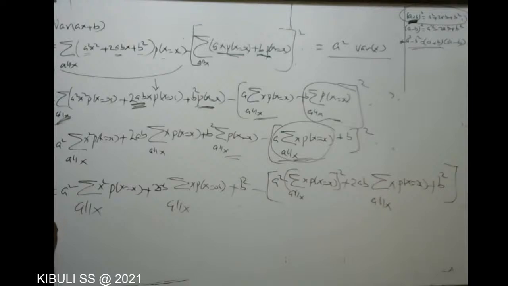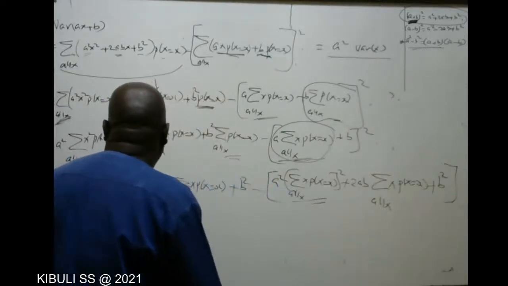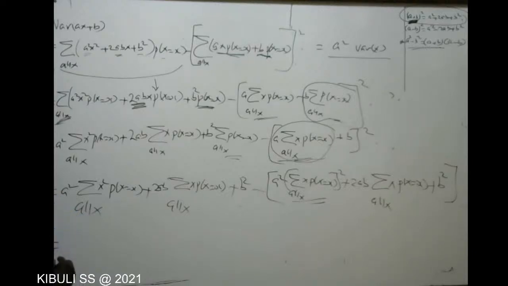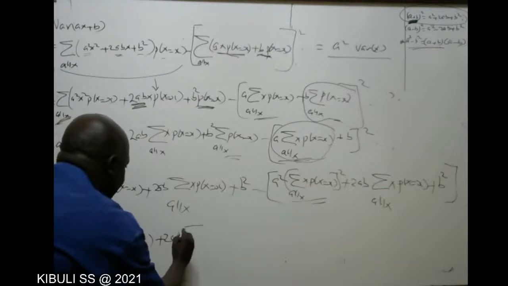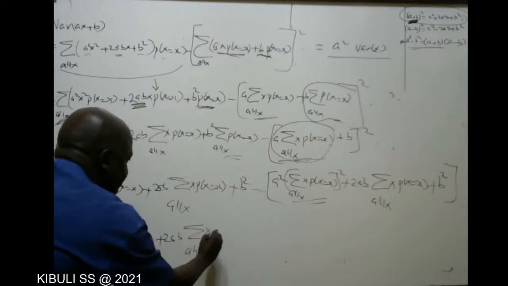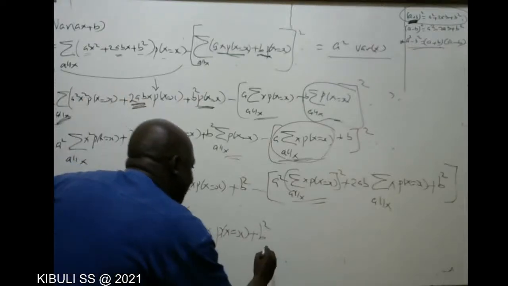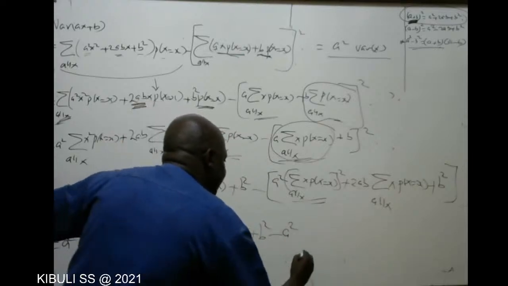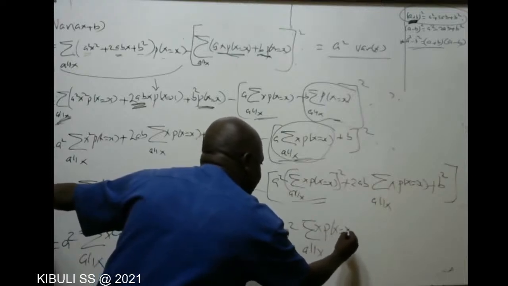After getting that, you open up that bracket. When you open up that bracket carefully, you see this part here. Let me show all the steps after opening. What are you going to get? You're going to get a squared, sum of all x squared, probability of X equal to x, plus 2ab, sum of all x, probability of X equal to x, plus b squared, minus a squared, sum of all x, probability of X equal to x.